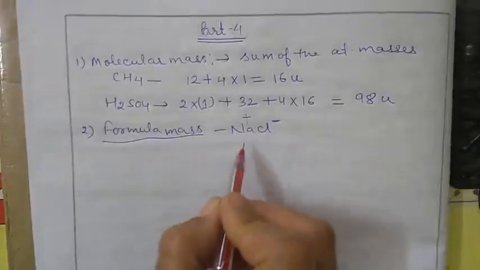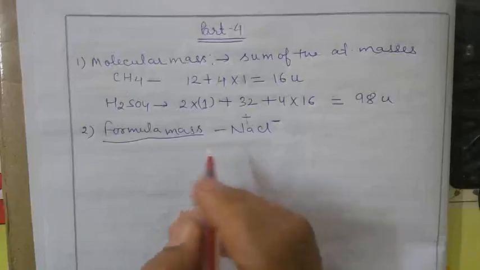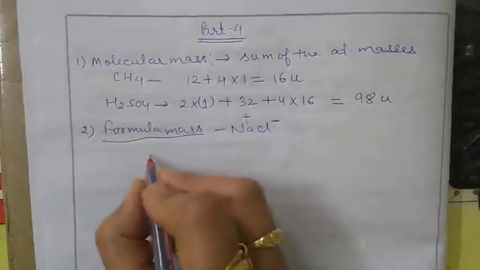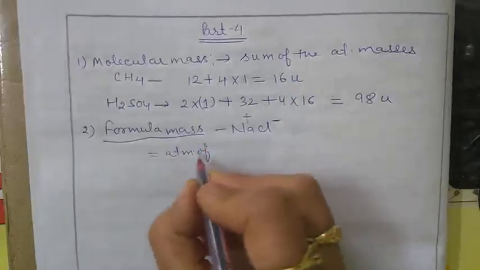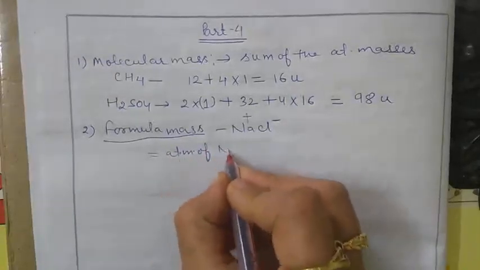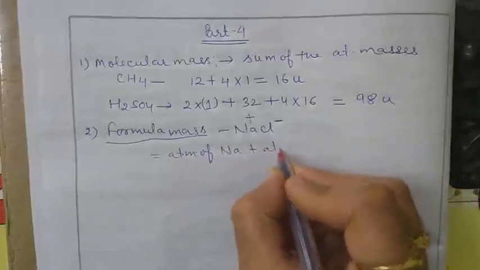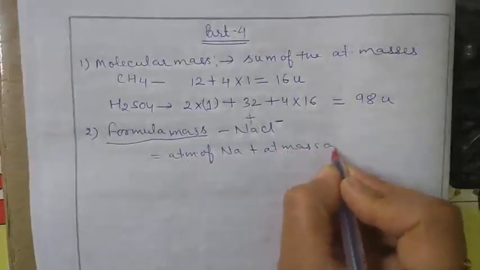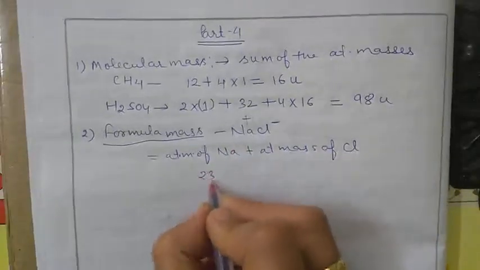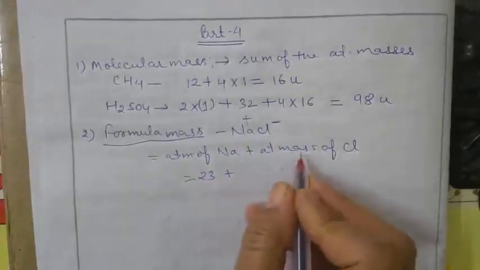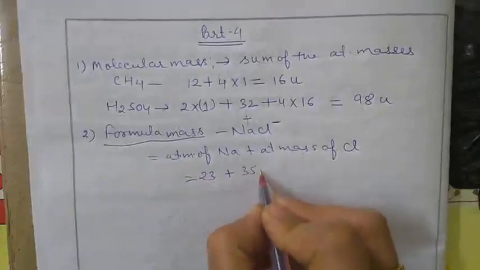So if you want to calculate the formula mass of NaCl, for that it is the atomic mass of Na plus the atomic mass of Cl. So this is a formula. So this one is 23, plus for Cl it is 35.5.